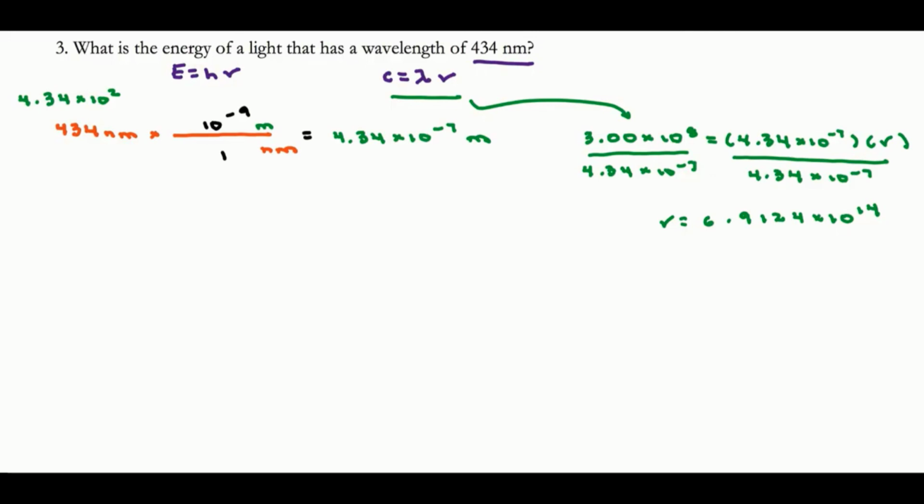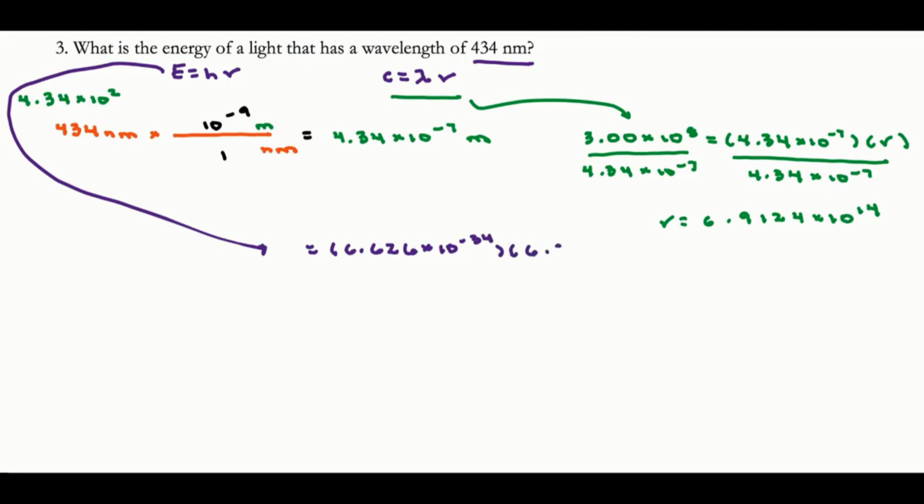So now that I know my frequency, I can take this formula, bring it down here, and solve for my energy. I know that my energy is Planck's constant, 6.626 times 10 to the negative 34th, times my frequency, which I just solved for, 6.9124 times 10 to the 14th.